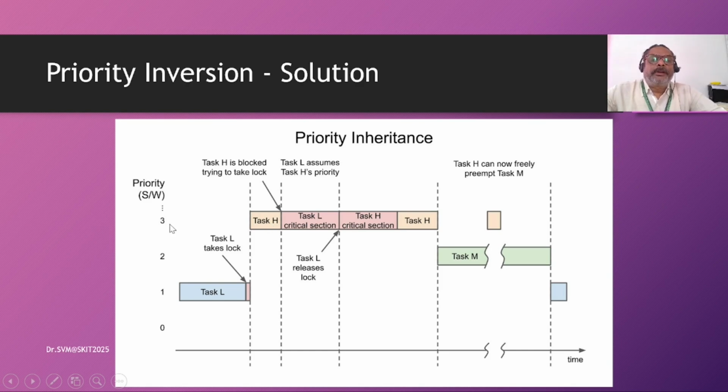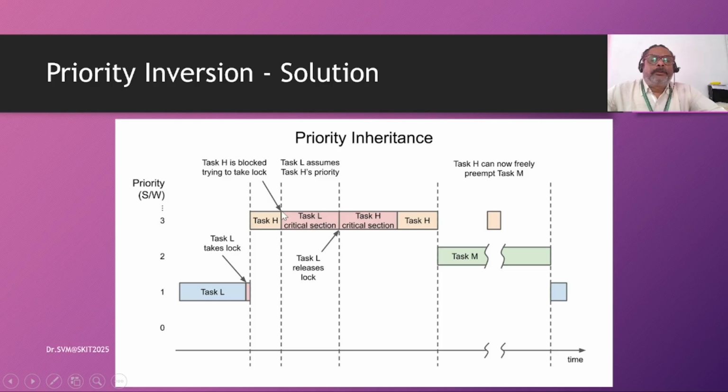So we started with the low level task with a priority of 1, non-critical section execution. Then it entered the critical section. After some time of the process L being in the critical section, another process came up with priority 3, but it is still in the non-critical section, because it is not demanding any shared resource, so it continues to execute.